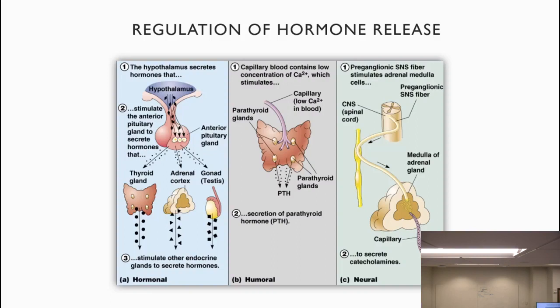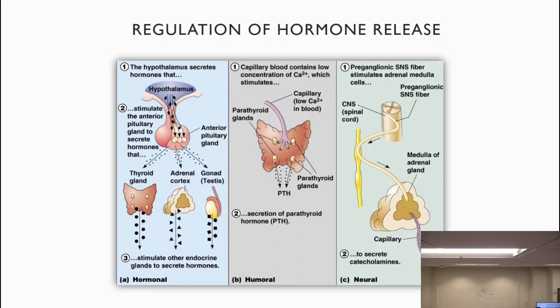For example, glucose. Example of insulin: glucose is high, I produce insulin. Glucose is low, no insulin, I will produce glucagon. Variations in glucose levels. Also, regulation of calcium and phosphate is another example of humoral regulation of hormone release.